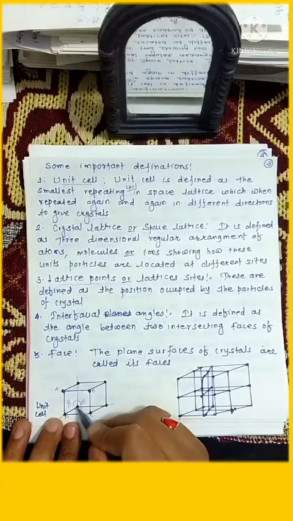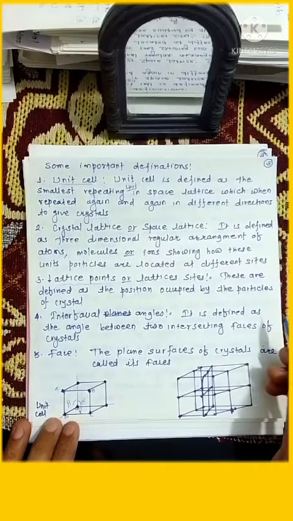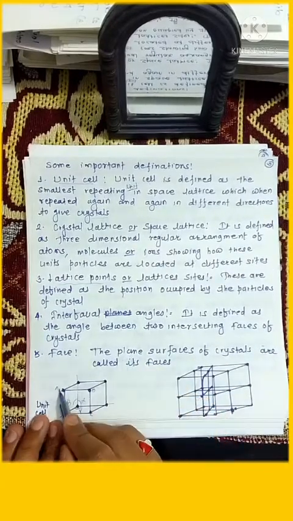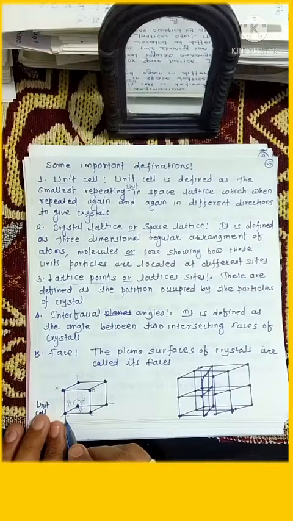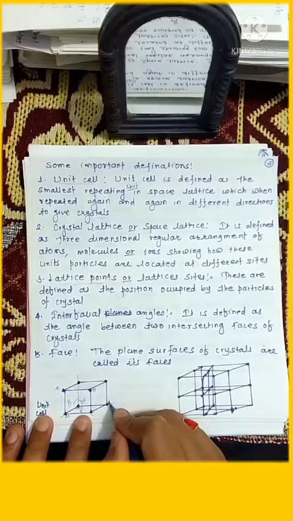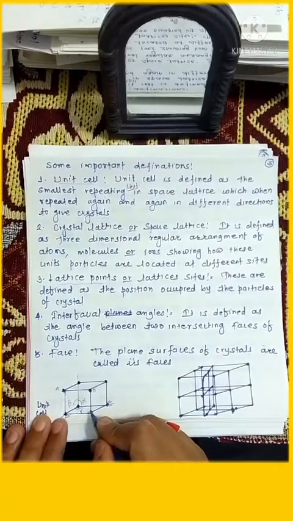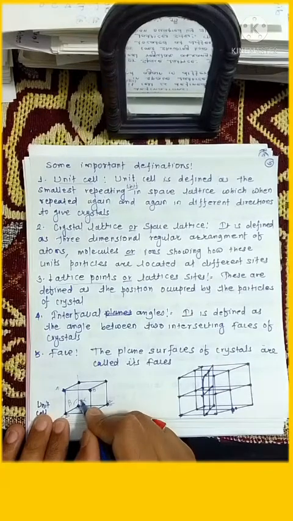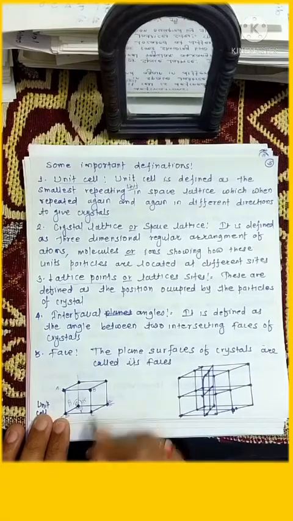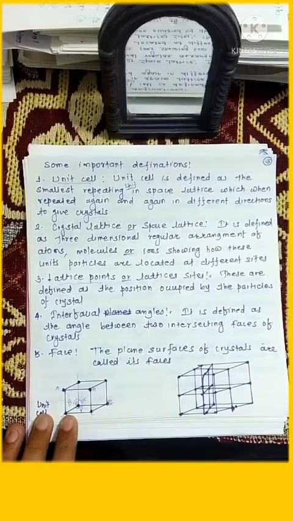These angles are basically known as interfacial angles because, just see, A, B, C, D is one plane, while D, C, E, F is another plane. So the angle between the planes is known as the interfacial angle.